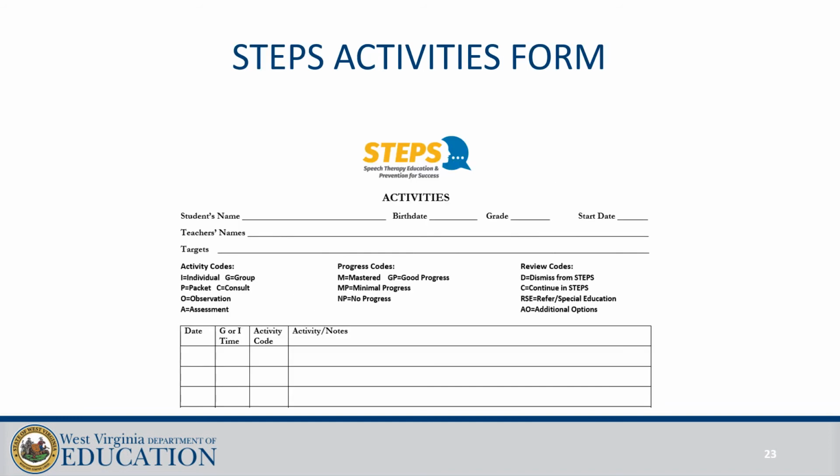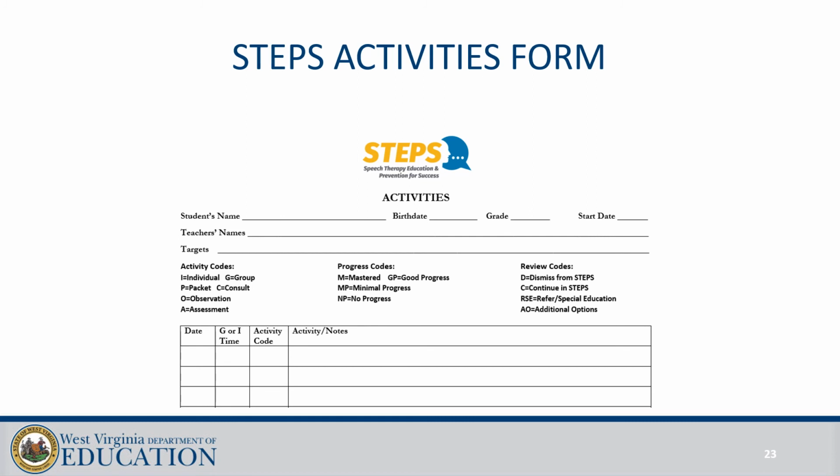Because the form is a Word document, it can be adapted to meet your needs. You may not want to include the codes, but rather provide more space for detailed notes. But in the notes, make sure you indicate the type of activity that the student participated in, a documentation of progress, whether it's data or some explanation, the assessment results, and that there is a clear way to indicate periodic reviews.